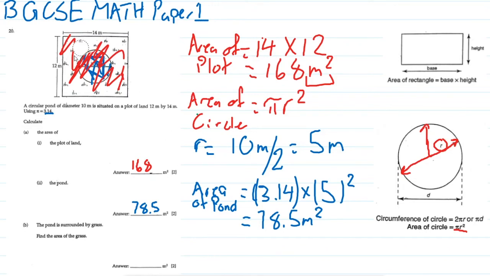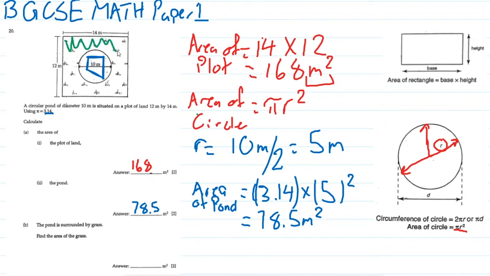Now for part B, it asks us the question, find the area of the grass. When we're looking at the area of the grass, we have to recognize that the area of the grass is going to be the subtraction of the area of the pond from the overall plot. Let me simplify that for you. We're just trying to find the area of the grass.